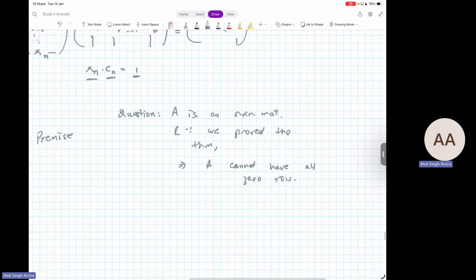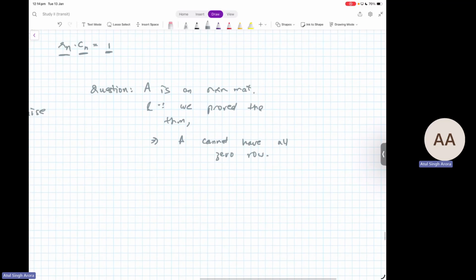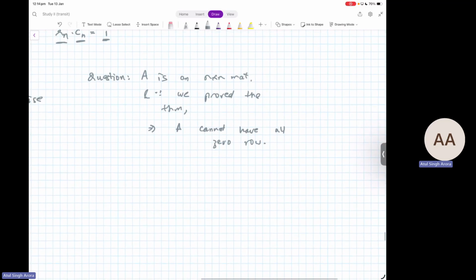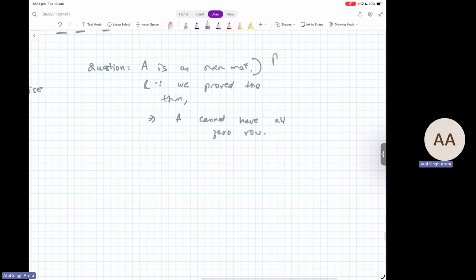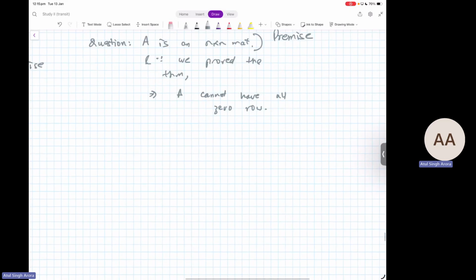Right, your intuition is correct. It's just a question of how you formalize things. That was also the question asked by your colleague here. The point is that we are just saying this is the premise. I think it's easier to give you a slightly different example.